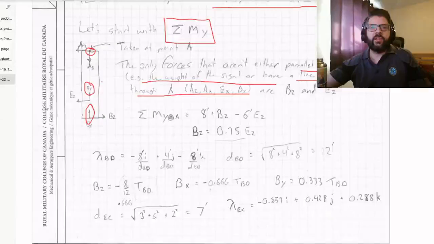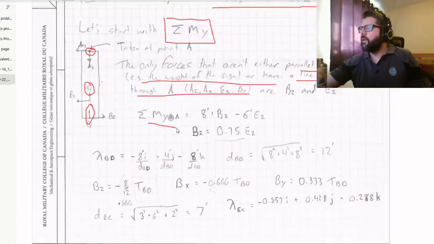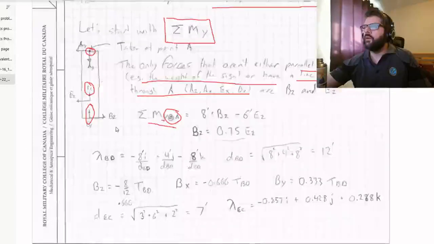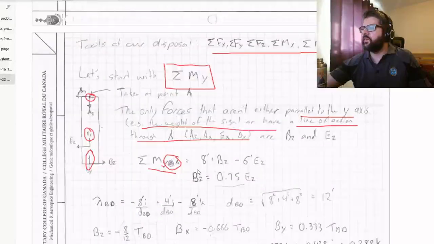So taking the moment here about the y-axis at A, looking down here, we've got the two tensions. Those tensions, again, are acting in different directions when we're looking top down at them.